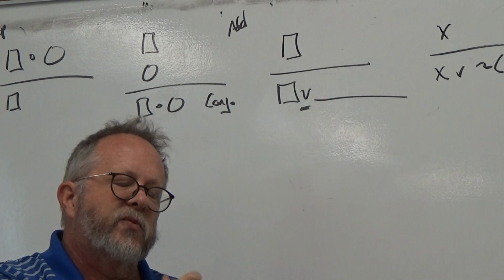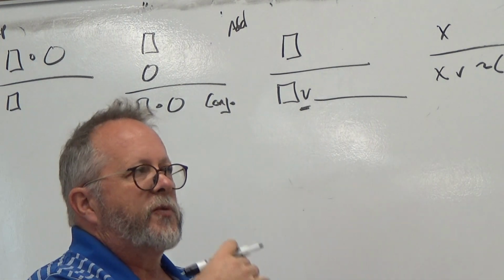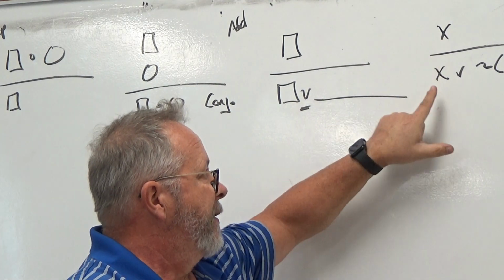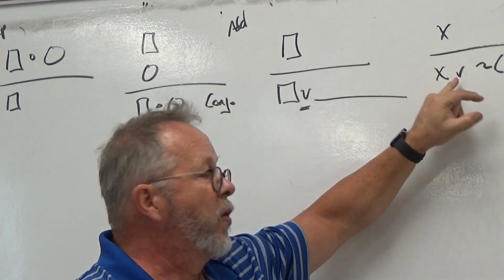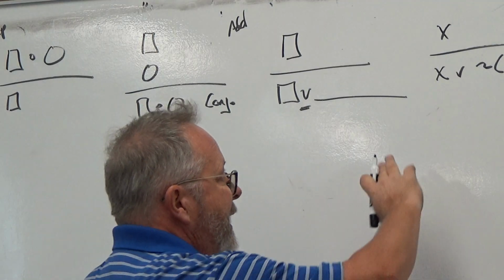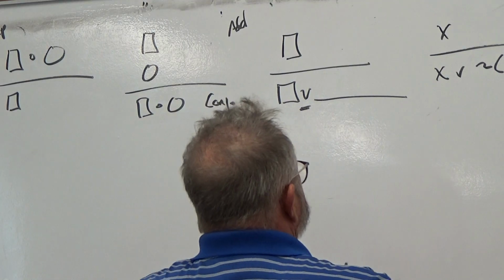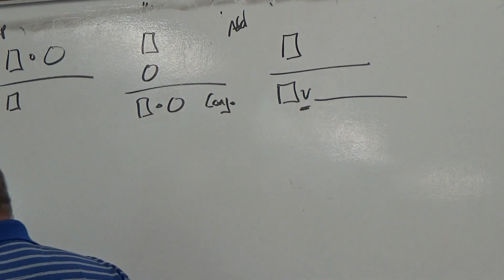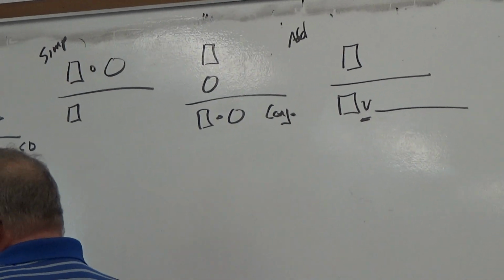Because remember, these rules are supposed to say this is a valid inference, which means if the premises are true, the conclusion is true. Well, if X is true, then X or anything is true, because true or anything is true. That's why we can add whatever we want, okay? So that's addition. Okay, so those are all the rules of inference.